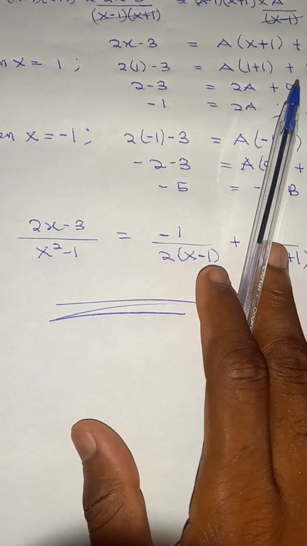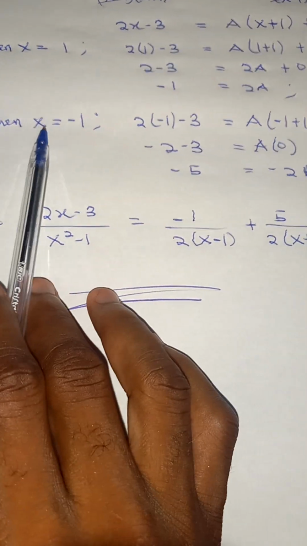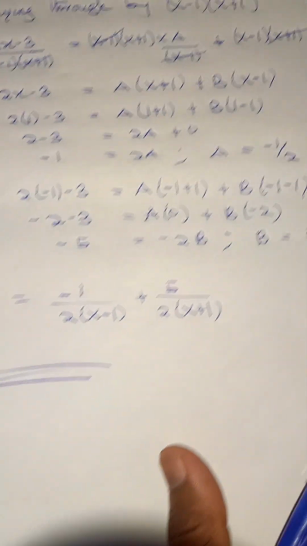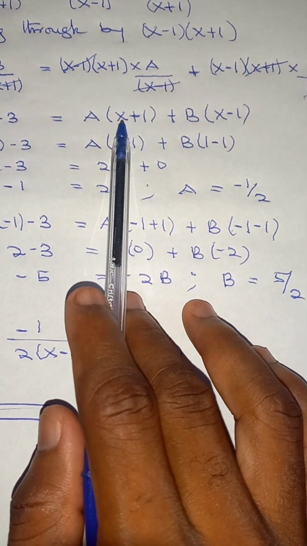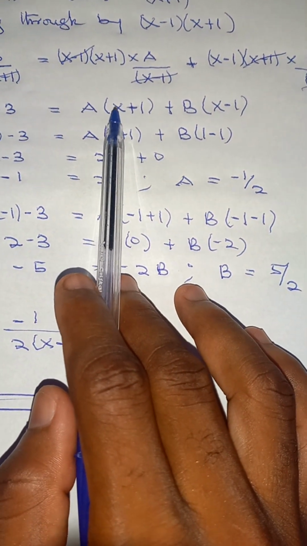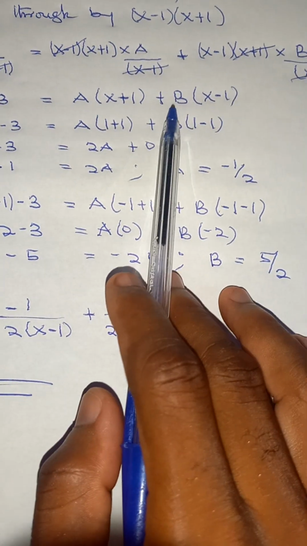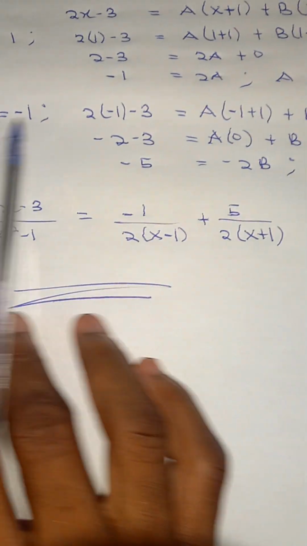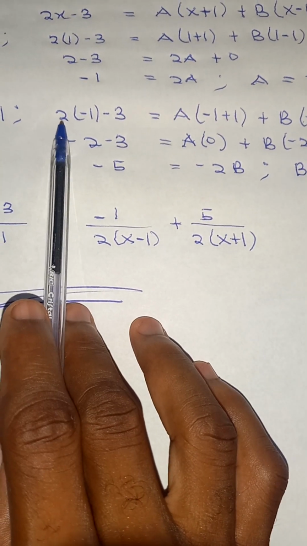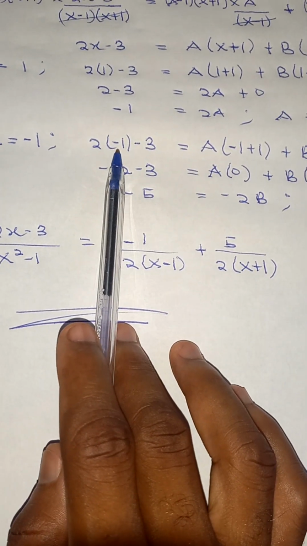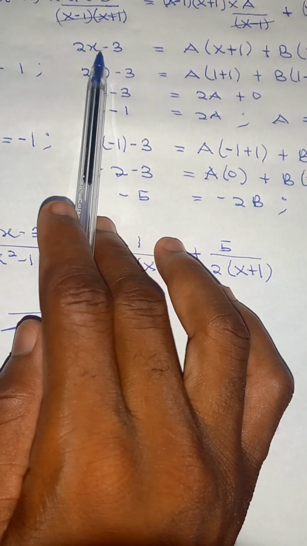Alright? Then I am also letting x be negative 1. And I am doing this intentionally to get rid of a. If x is negative 1, watch. Negative 1 plus 1 will give me 0, right? So I want to get rid of a since I know a already. So the left side will be 2 multiplying negative 1, because anywhere I see x, I need to replace it with negative 1.